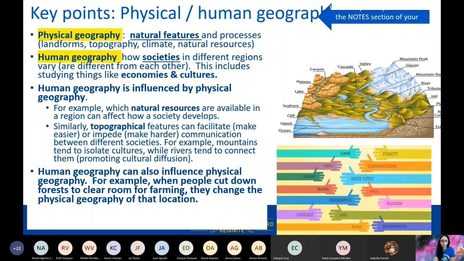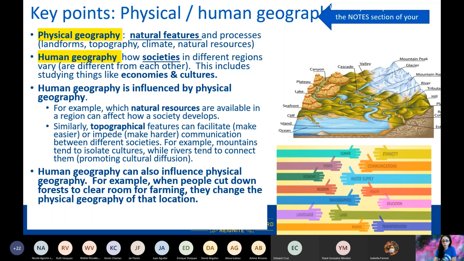Specifically, some features like rivers make it easier for societies to communicate over long distances and trade and have cultural diffusion. And some features like mountains, like the Sahara Desert for Egypt, make it hard for societies to interact with distant cultures, which can protect them or it can keep them from learning new technologies. So, double-edged sword.